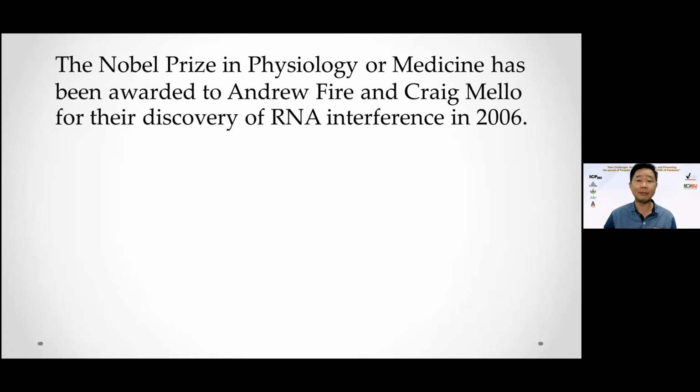It was awarded the Nobel Prize in 2006. These two scientists, Andrew Fire and Craig Mello, developed RNAi in the free-living nematode C. elegans, where they could knock down genes and prove that RNAi can be used in an organism.